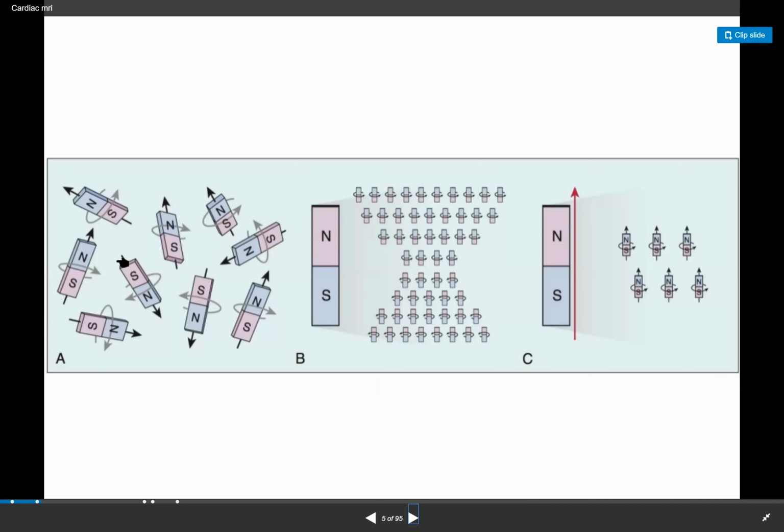As you can see in figure A, the protons' north and south poles are in every direction. When you put them in the magnetic field, half of them start going with their axis towards the north, half of them going the opposite way. Some of them are more in the north direction, in the direction of the magnetic field.